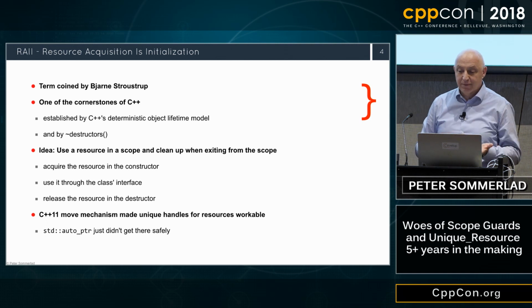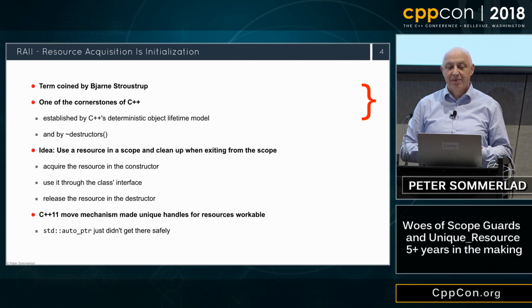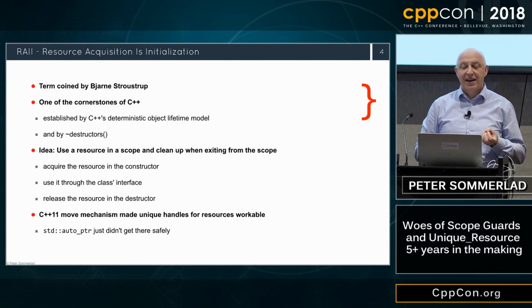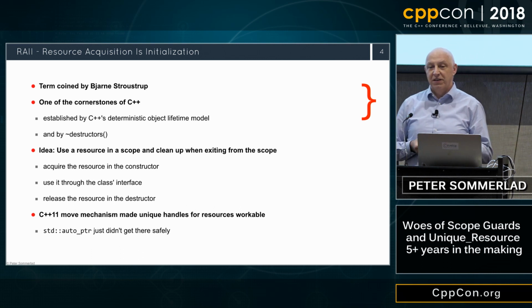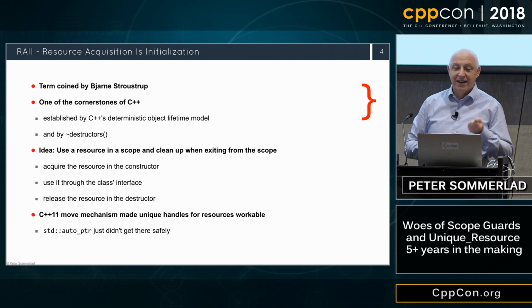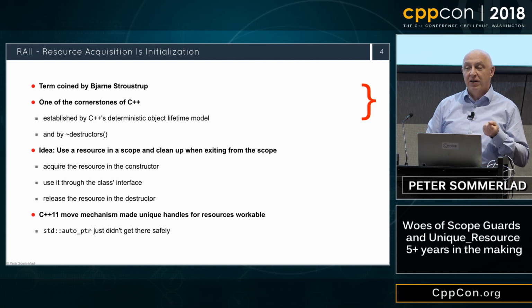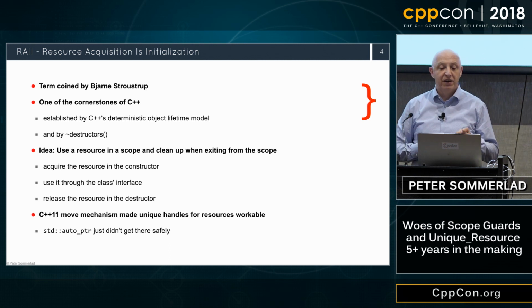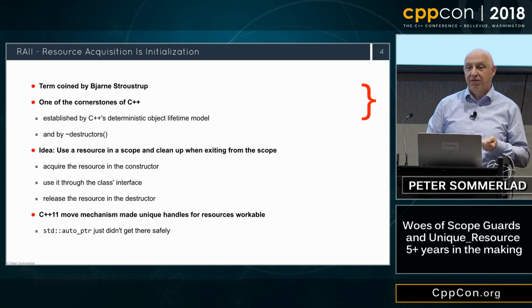Now, C++, thankfully, has a very interesting facility that is the curly closing brace. That's the most important syntactical element we need to be aware of, because that allows us to have a deterministic object lifetime model.